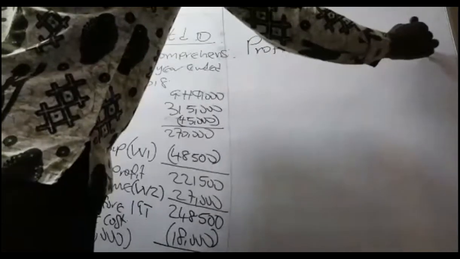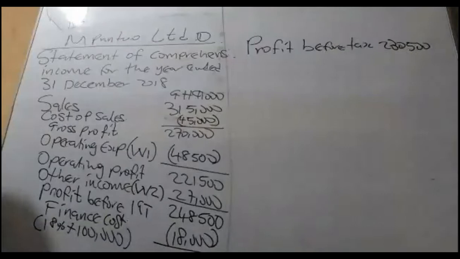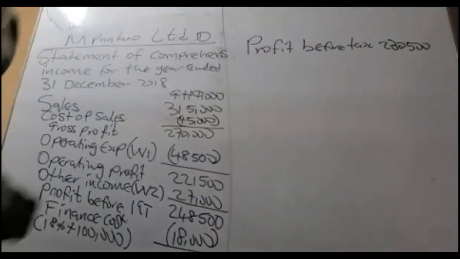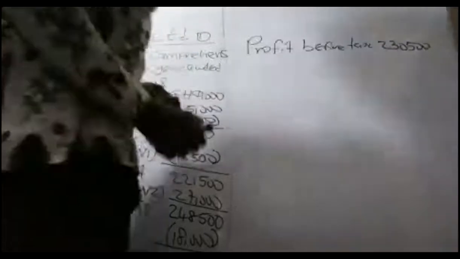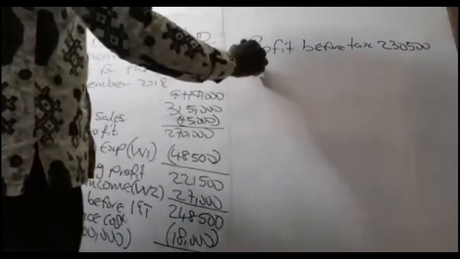230,500. So if this profit is before tax, what will be the next item that we have to treat? That is the tax, right? Good. So we'll do the income tax expense.